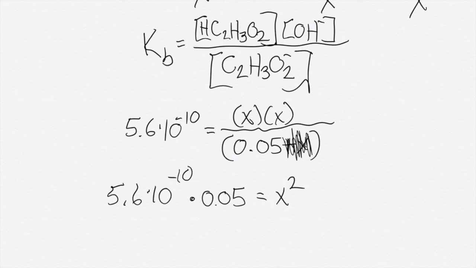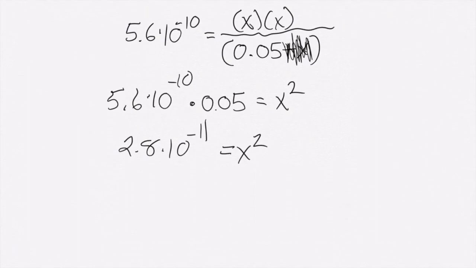And let's just work that out real quickly. So 2.8 times 10 to the minus 11th is equal to x squared. And we find that x is equal to 5.29 times 10 to the minus 6.